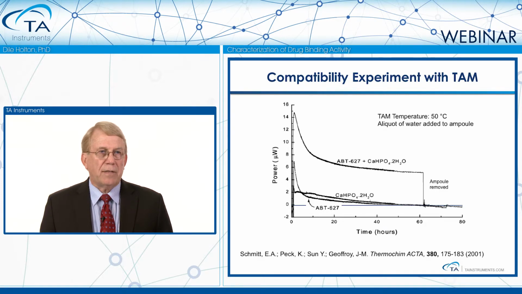And you'll notice that the top graph is the one where the water was added and the reaction created at least double, if not triple, the heat that we saw with just the 2 different dry components that were put together. This lets us analyze and say that the formulations that we originally had that were dry, without the addition of water, were more stable than the ones where we added the water to it.